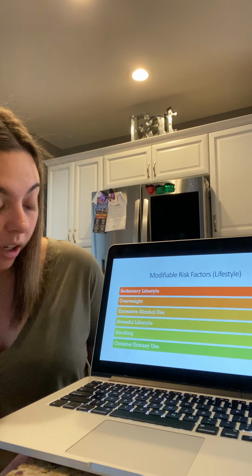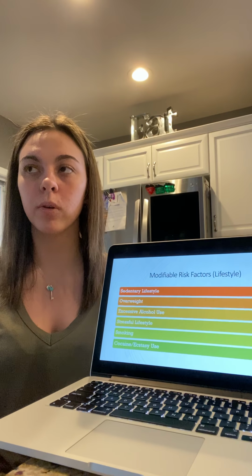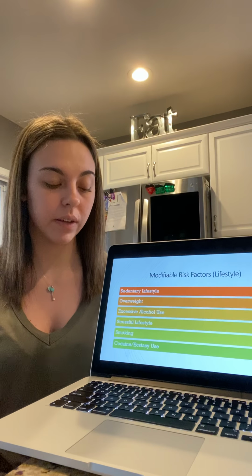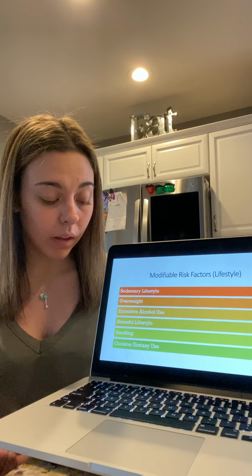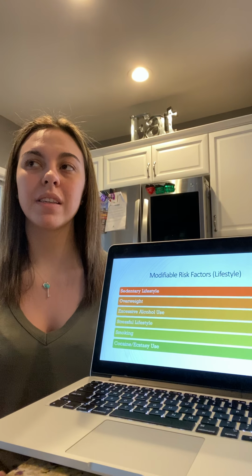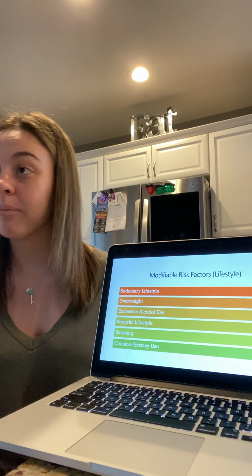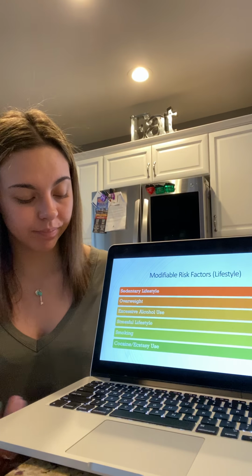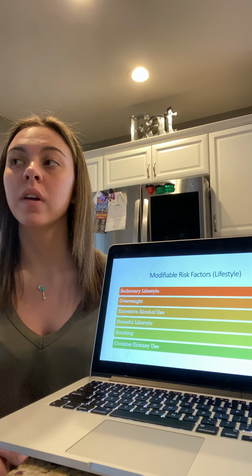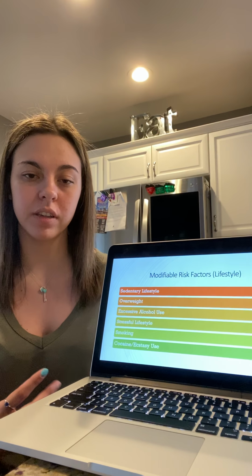A stressful lifestyle. So many people are stressed. My last video talked about stress and how to relieve it. So stressful lifestyle just makes the body work harder, because the body is stressed because you're stressed. So it's important to try to find ways to keep yourself less stressed.